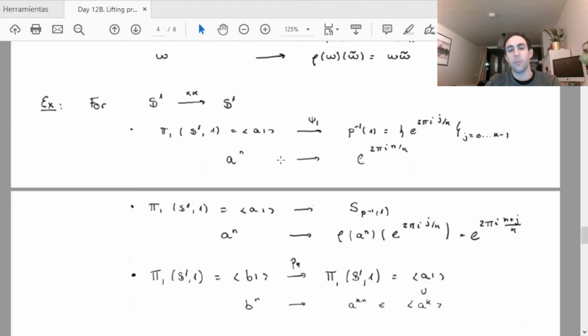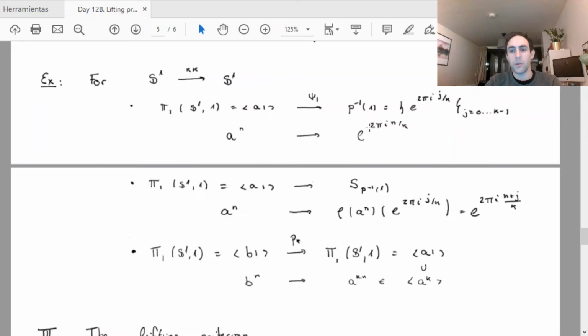The way the endpoint map works is that it sends A to, let's say, e to the 2 pi i over k, and as such it sends A to the n to e to the 2 pi i n over k. So basically you move n kth roots of unity around.